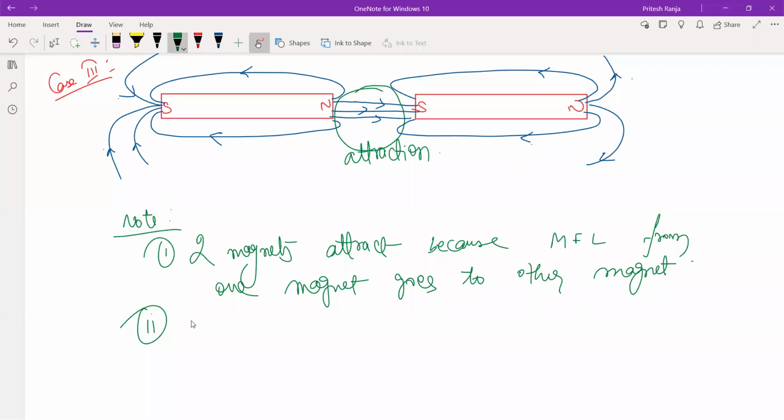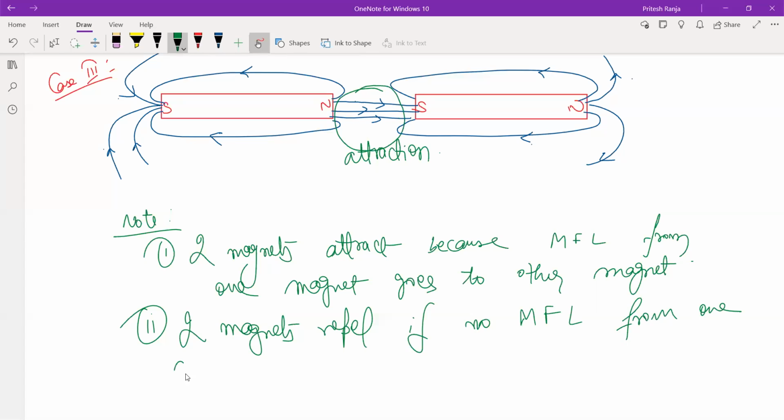And what will be the case of repulsion? The two magnets repel if no magnetic field lines from one magnet go to the other.